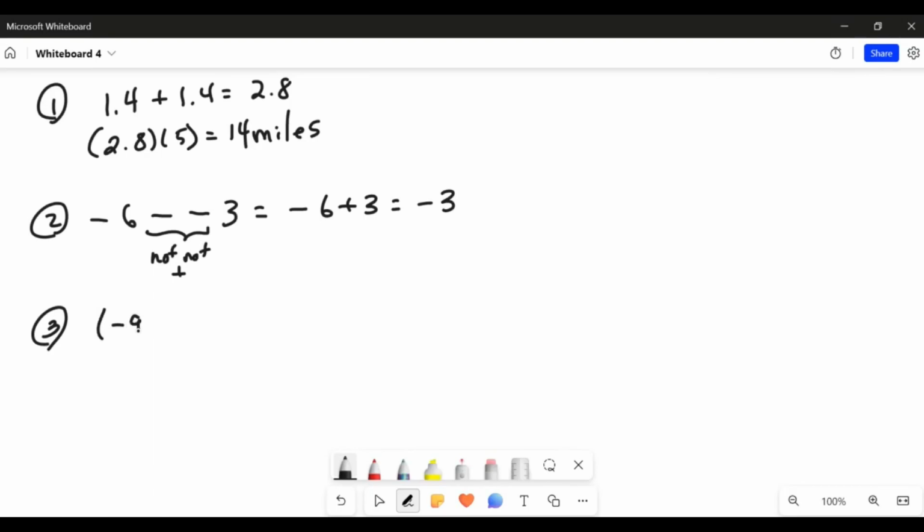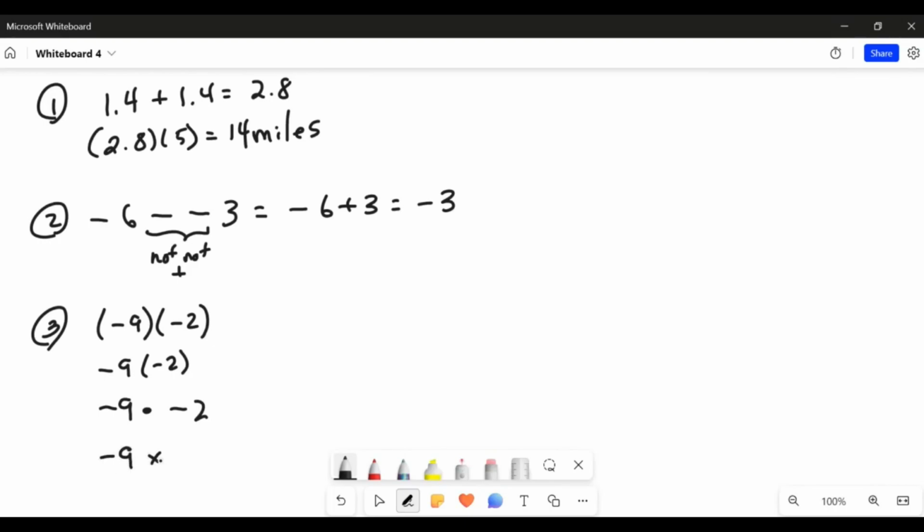On number 3, we had -9 times -2. Multiplication can be written in lots of different ways. Two sets of parentheses next to each other means multiplication. This could have been written -9 parentheses -2. It's just kind of messy to write this because of the symbols kind of getting confusing.